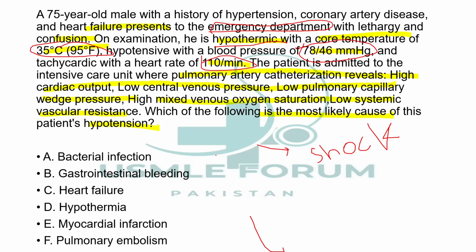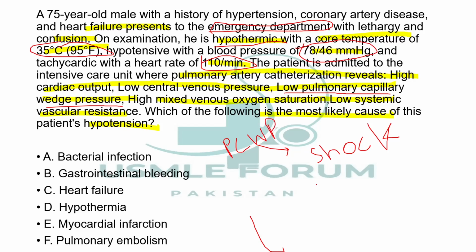We have to identify what kind of shock it is. So if it has high cardiac output, it is definitely not cardiogenic shock. Or a more specific marker is low pulmonary capillary wedge pressure. If PCWP is high, you have to stop looking at the question and directly mark cardiogenic shock.